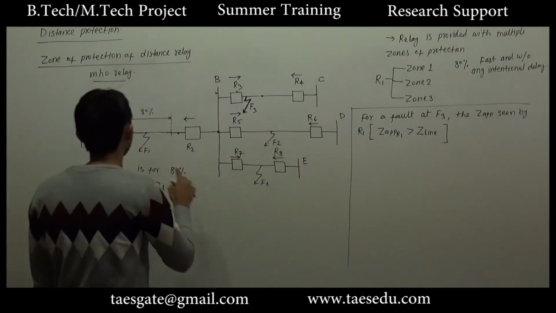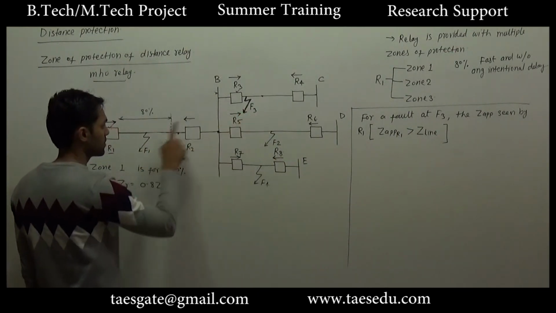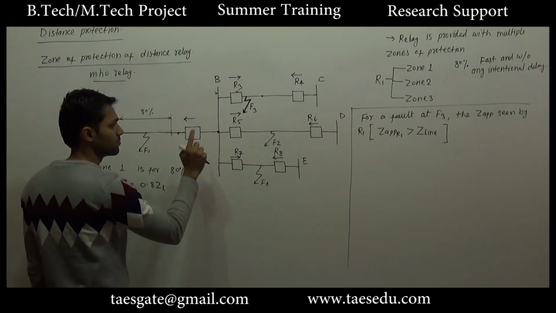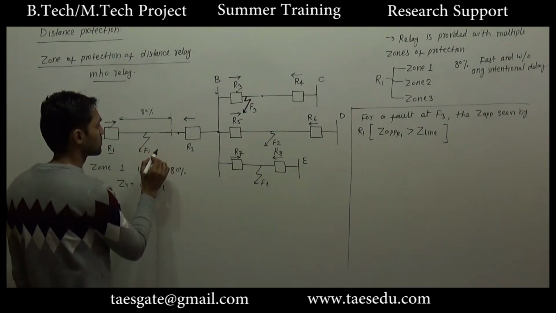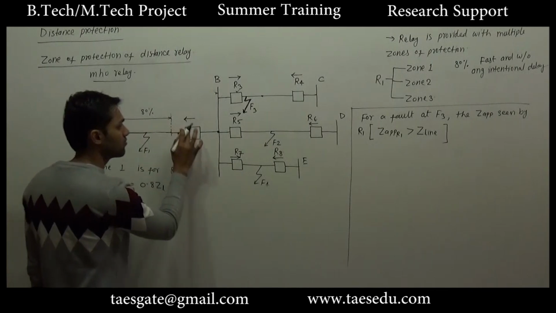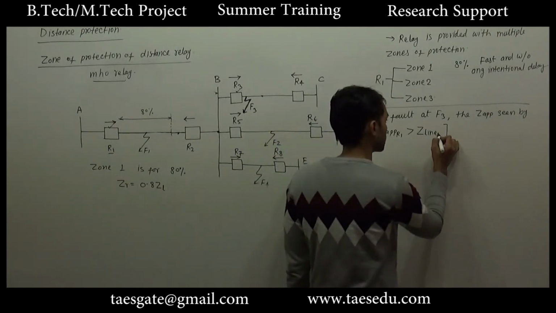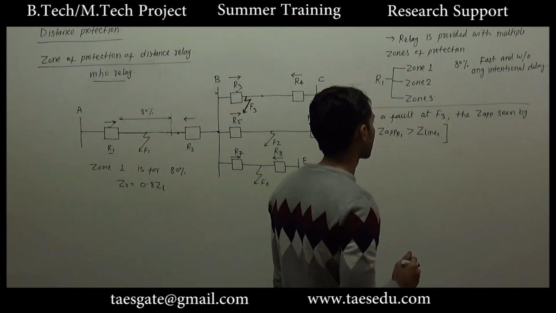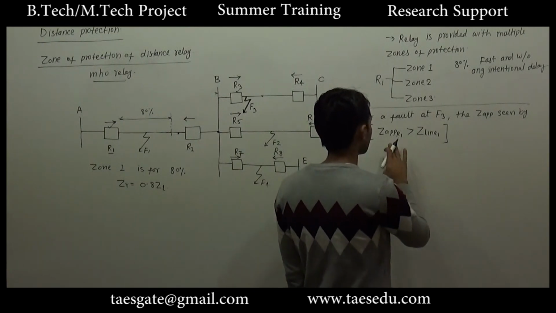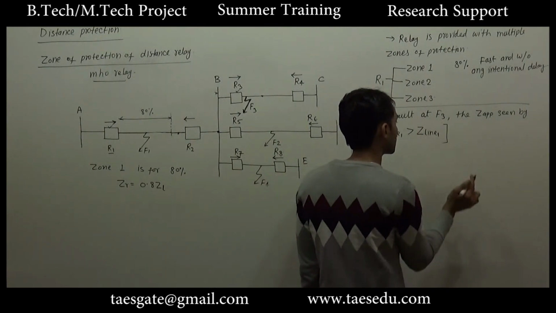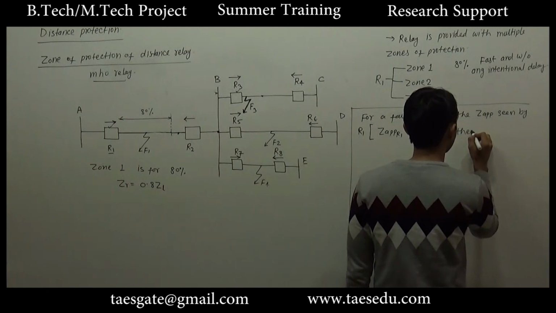Because the fault is here, this whole impedance will be included. Let's say this is line 1. This must be greater than Z line theoretically.